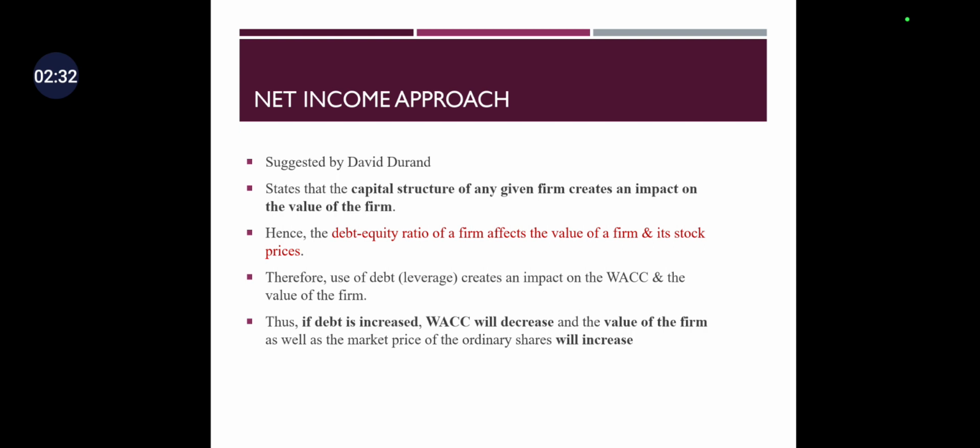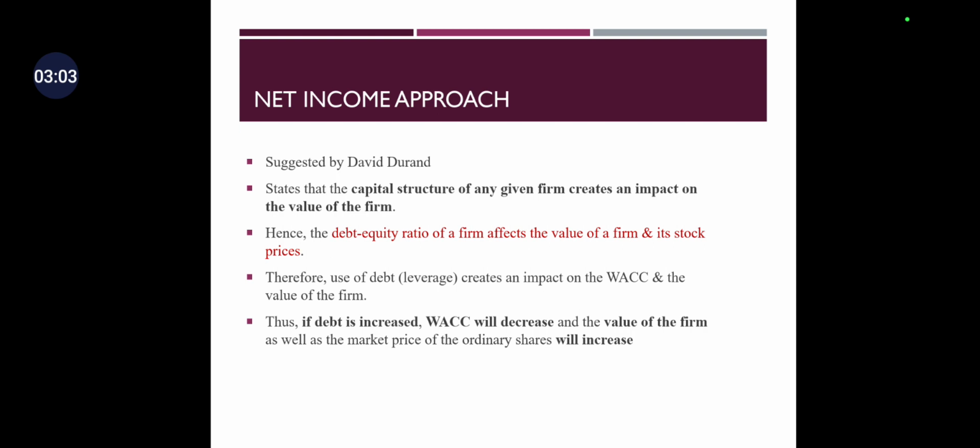The company's aim is always to minimize the cost, to decrease the cost. So the financial manager can better approach this net income approach to have a low level in the overall cost of capital. Because of that, the company can use the net income approach.